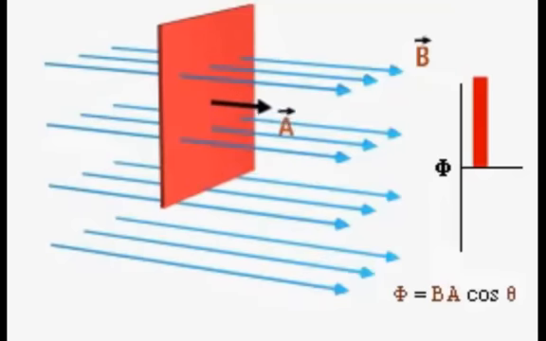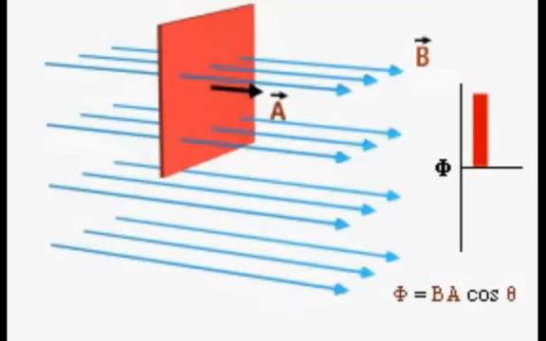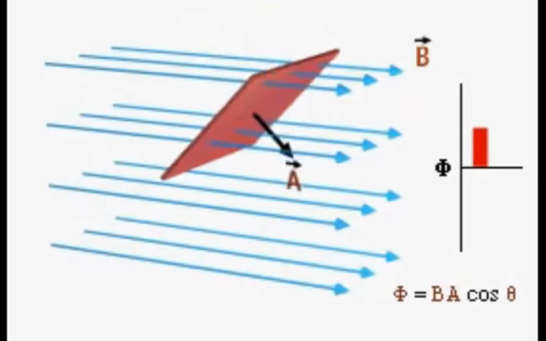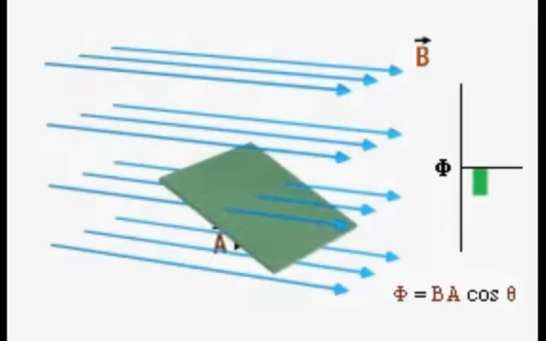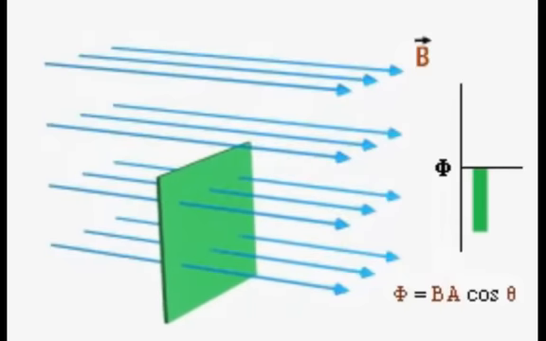The flux also changes if the surface is tilted, falling to 0 when the surface vector is perpendicular to the field lines. The cosine theta term in the equation accounts for this. When rotated past 90 degrees, the surface normal vector and the magnetic field vectors are in generally opposite directions. Now the flux is negative.